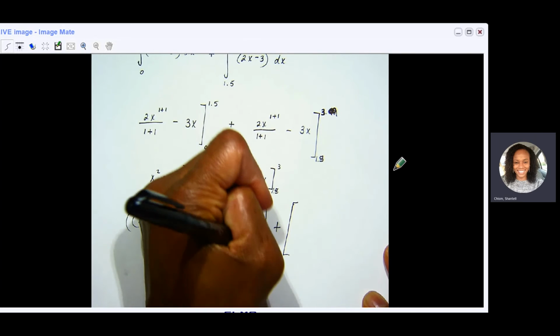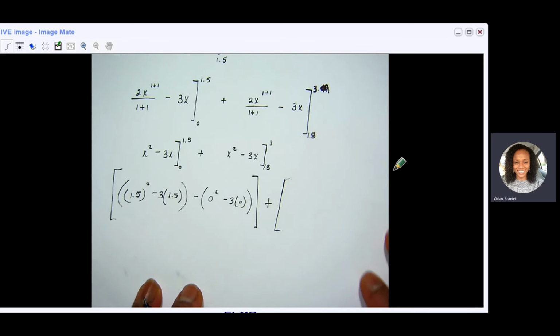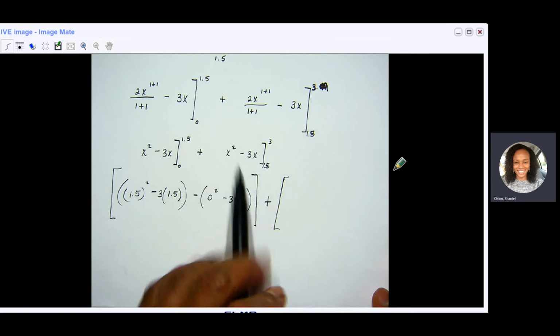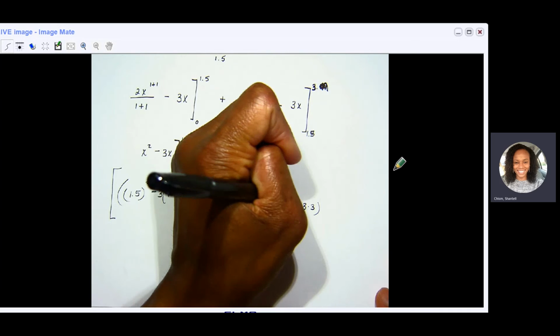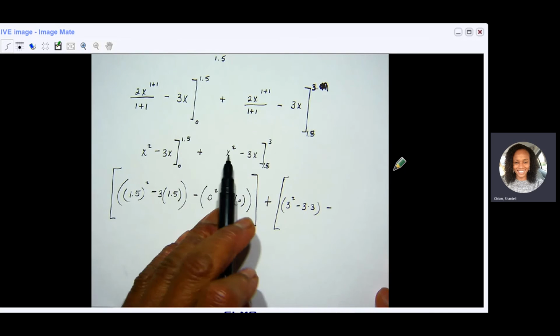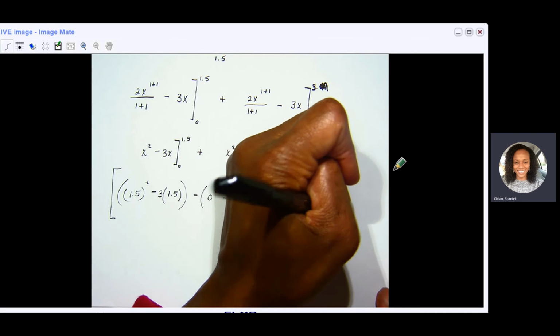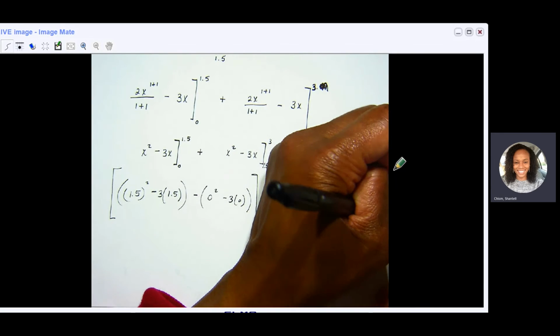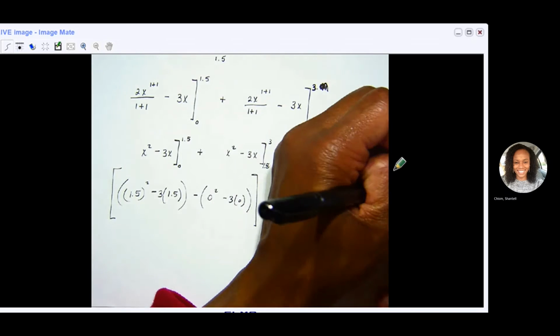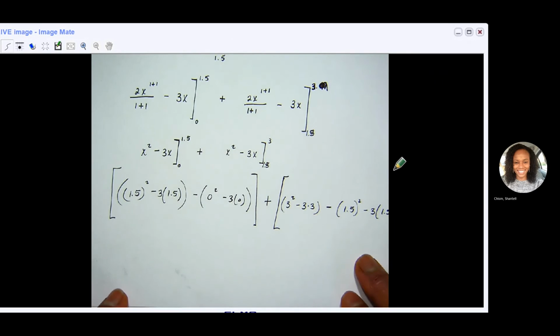And I use big brackets. So I have 3 squared minus 3 times 3 minus 1.5 squared minus 3 times 1.5. Okay?